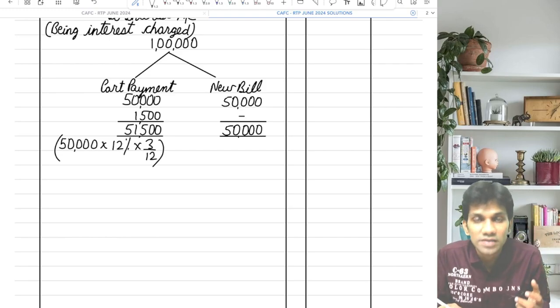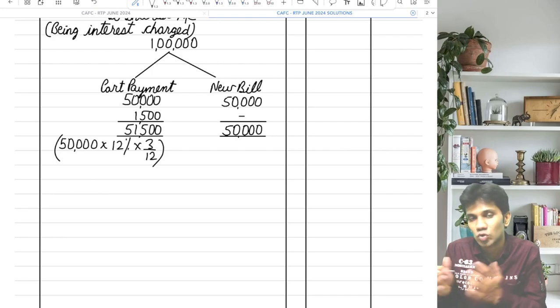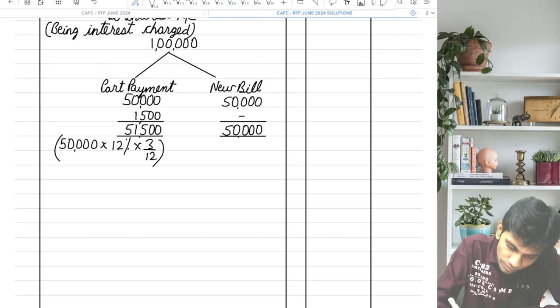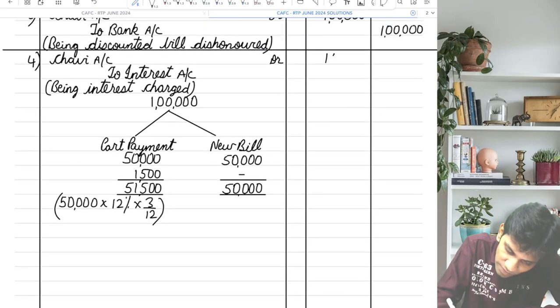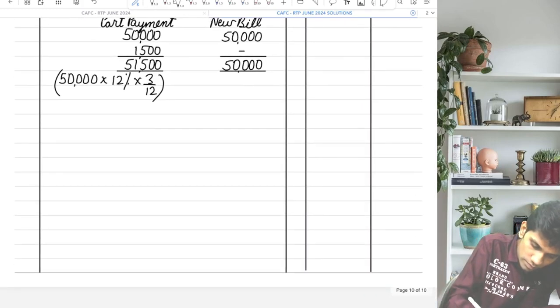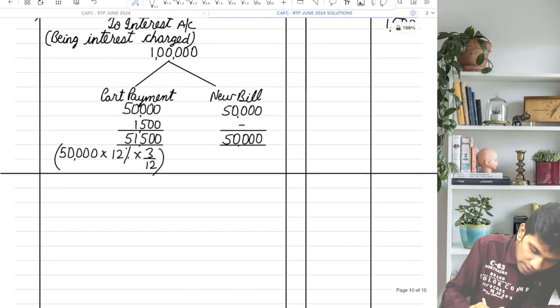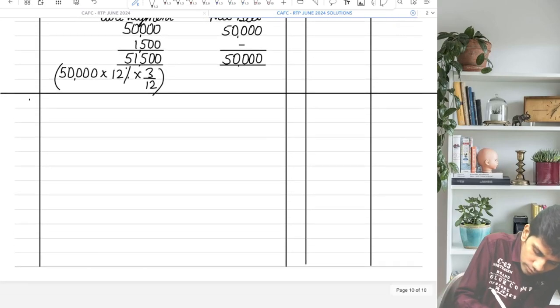By drawing this diagram, we can get the amount of the next two entries very easily, and we can go very fast with the sum. Okay, let's fill in the interest amount. Next, after interest, part payment: cash account debit to Chavi account.